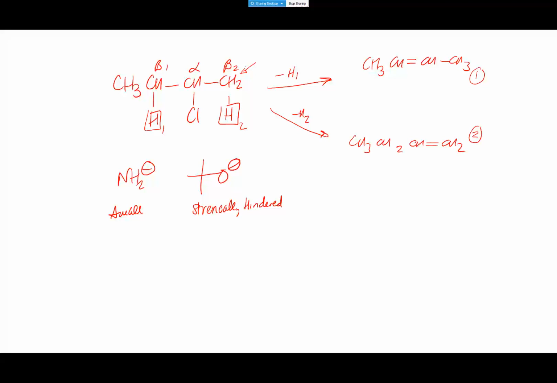So I can select which beta hydrogen I'm going to remove by using the appropriate base. The sterically hindered base is going to have a much more difficult time getting to beta hydrogen 1. Do we agree on that statement?